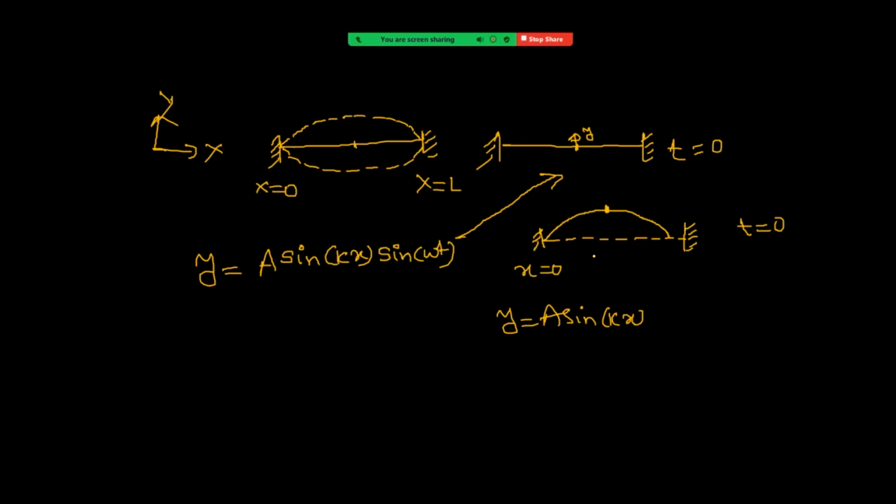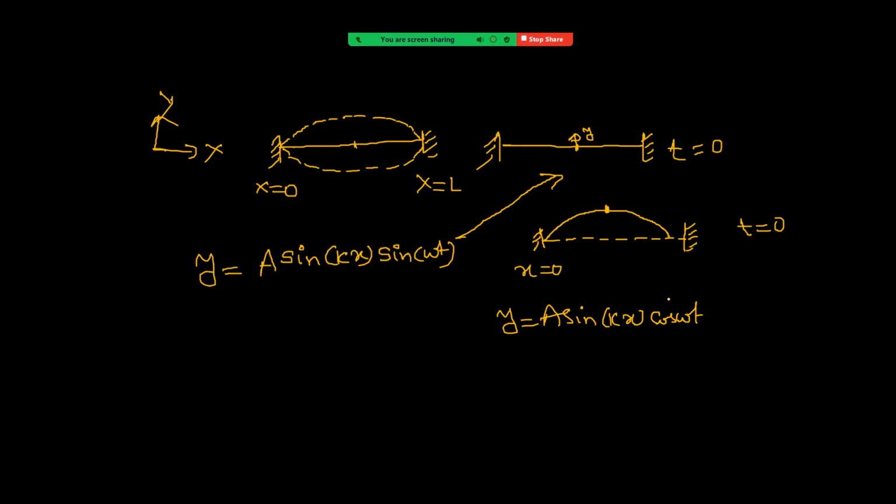But coming to antinode, now displacement is maximum when t equal to 0. Therefore, we should write cos omega t here. So when t equal to 0, cos omega t becomes maximum. Therefore, y value will be maximum, because the condition given is that midpoint of the string is at its extreme position.